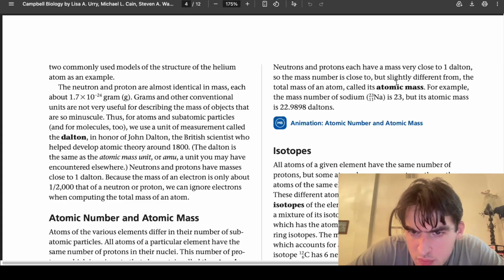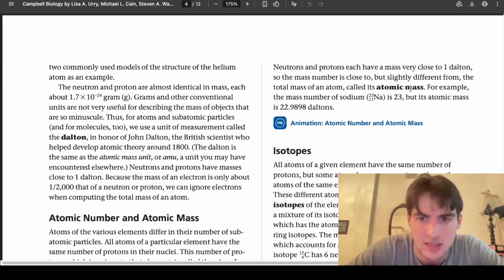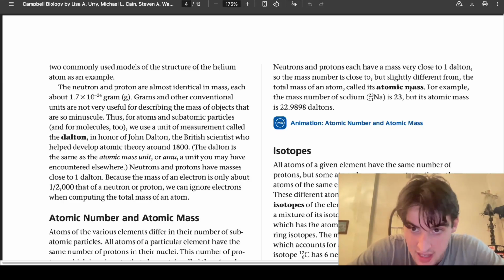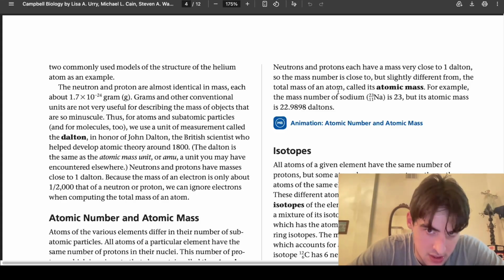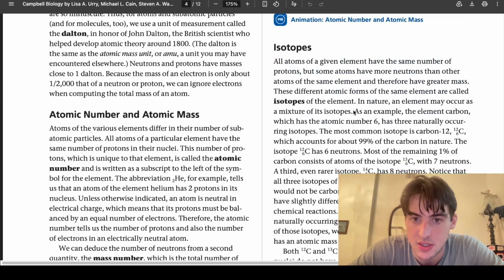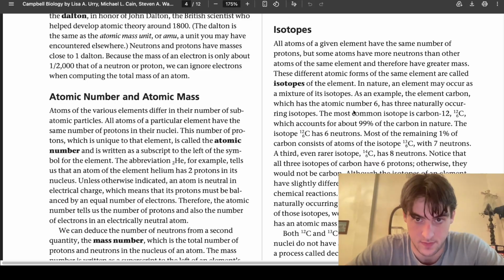Okay, yeah, that makes sense. It's only off by the number of electrons, more or less, and only a little bit. For example, the mass number of sodium is 23, but its atomic mass is 22.9898 Daltons. So that probably accounts for the electrons. Isotopes. This might be what I guessed to be ions.